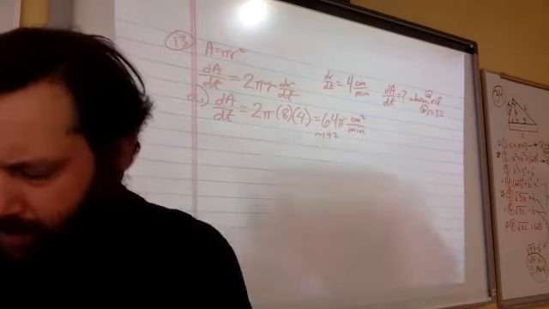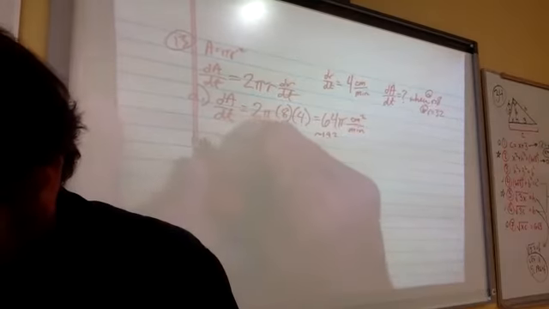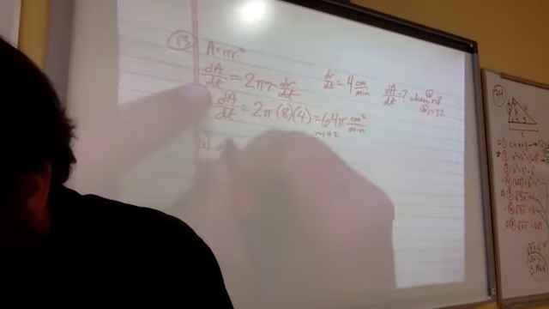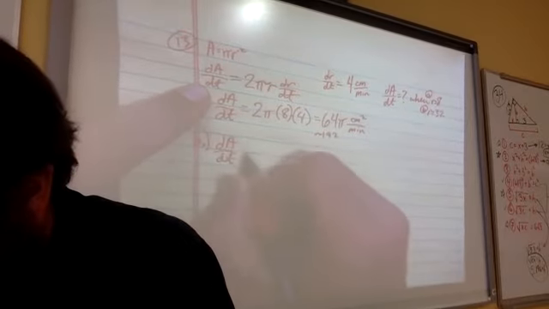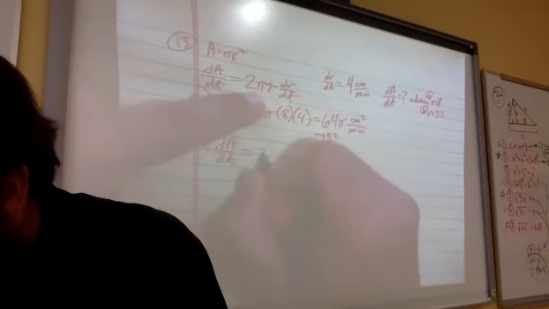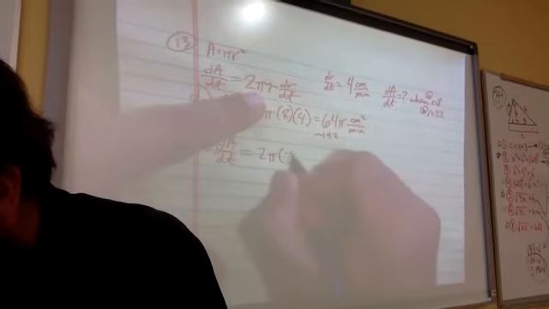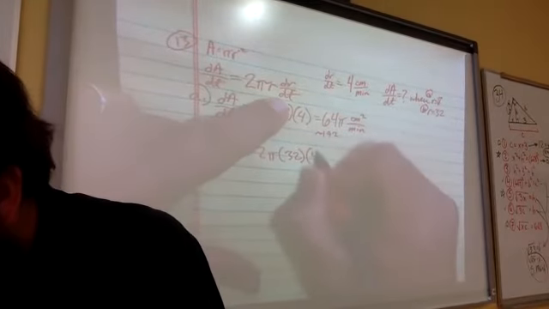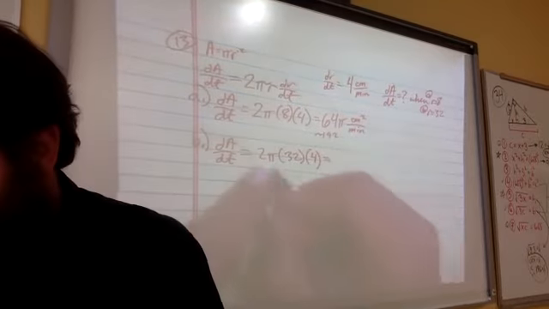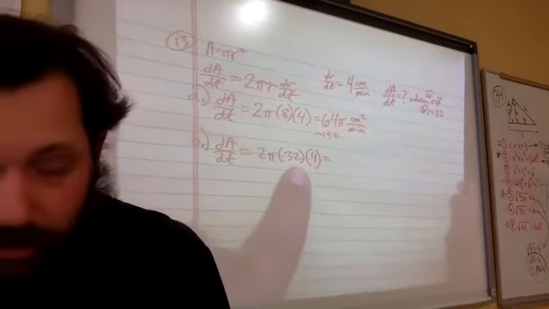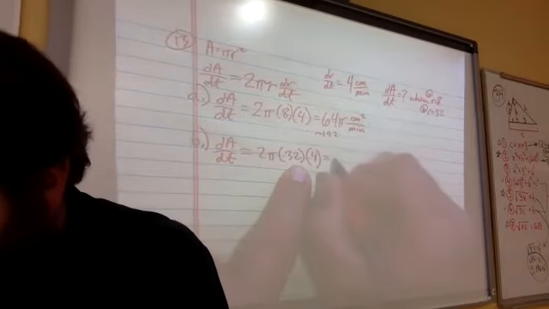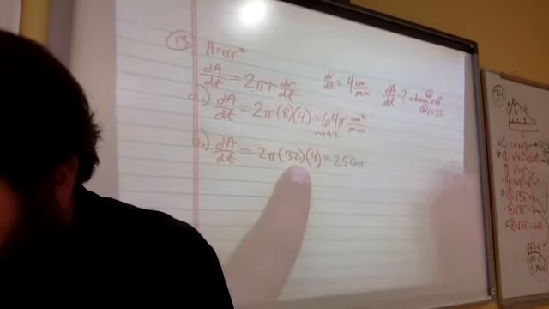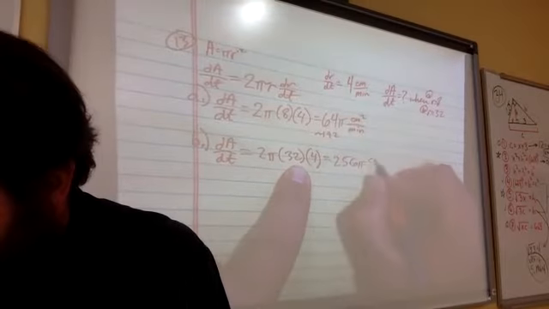Okay, so let's see. dA/dt equals 2 pi times my new radius, 32, times the dr/dt of 4. So that's 8 times 32, that's 256 pi square centimeters per minute.